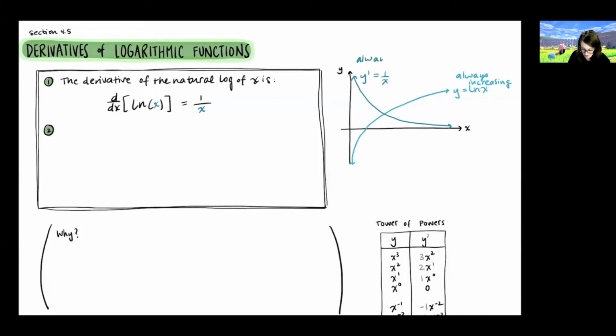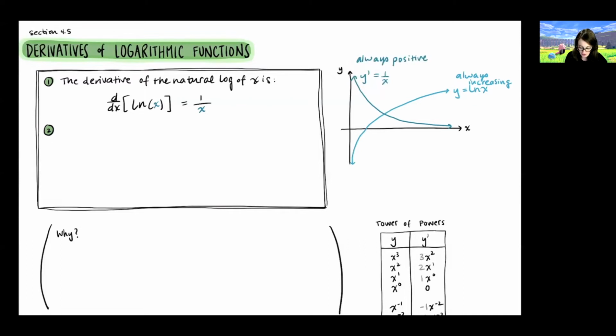And if we remember that the function increasing means a positive derivative, then this is one reason why that makes sense. The tangent line is really steep on this side, and so the derivative is really high.